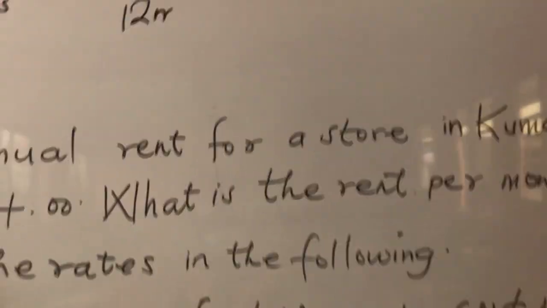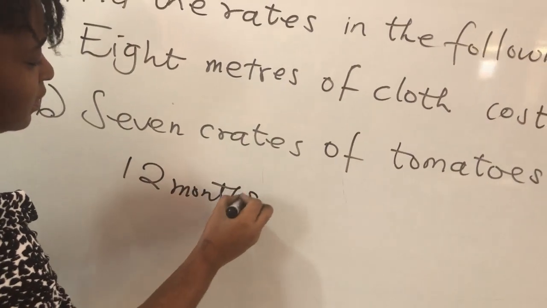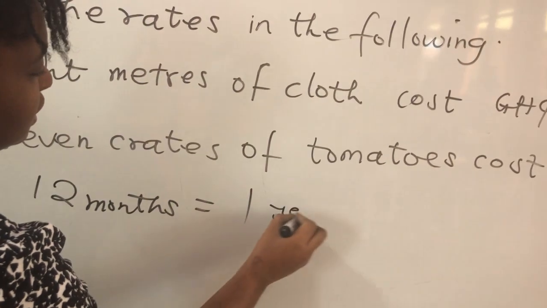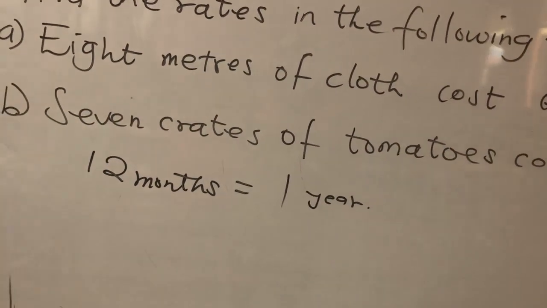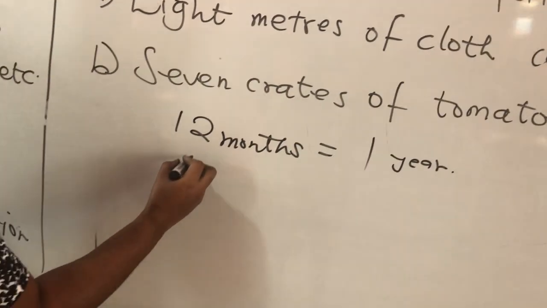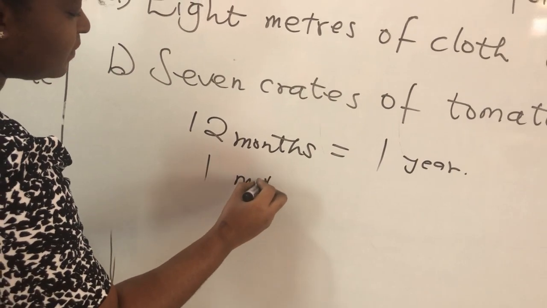Let me write it here. So I have 12 months. It's equal to 1 year. And now they are asking you to find what? A rent per month. So we have a month is just 1. So 1 month.